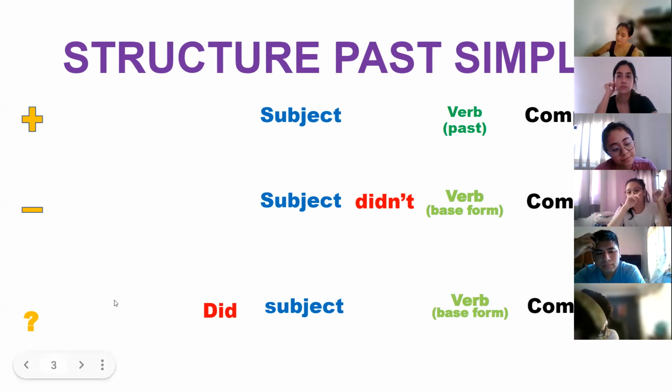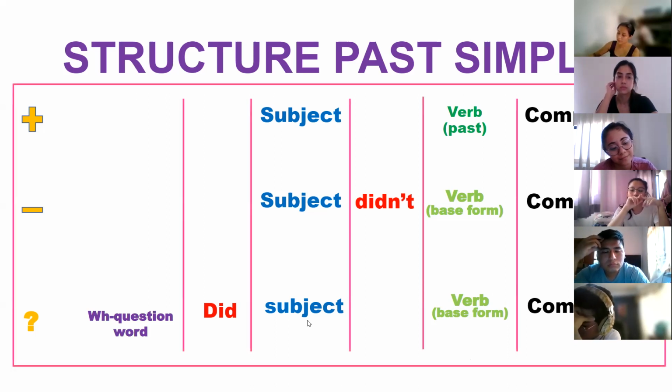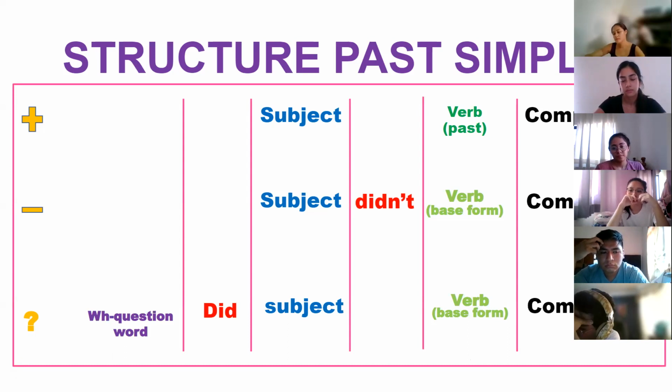And sometimes we can add the WH question word at the beginning. So this is the structure we are going to follow when we have a verb that is not the verb to be. Okay? Cuando tenemos un verbo que no es el verbo to be, nosotros seguimos esta estructura para hacer nuestras oraciones en pasado simple.